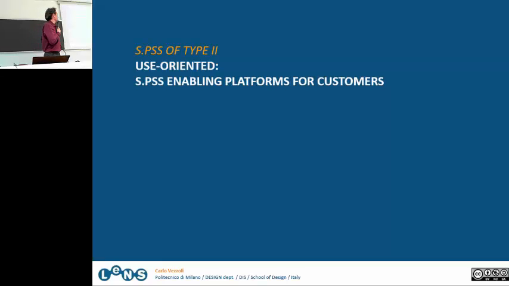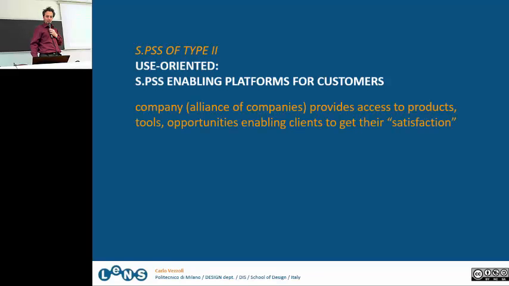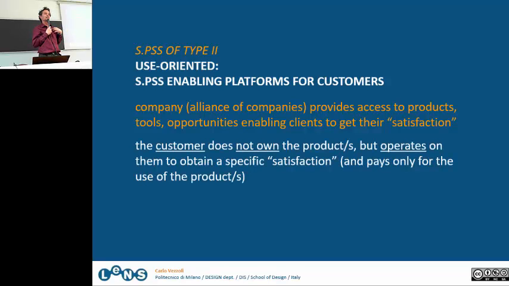This second type is called use-oriented sustainable product service system, offering an enabling platform for the customer. So it's a company, or an alliance of companies, that provides access to products, tools, opportunities, enabling clients to get their satisfaction. The customer doesn't own the product, the car, but is actually operating the car.